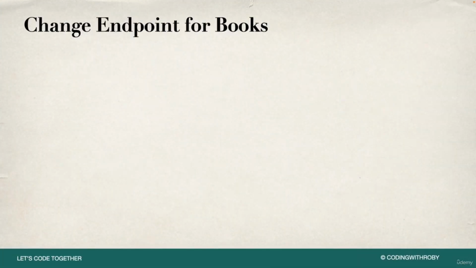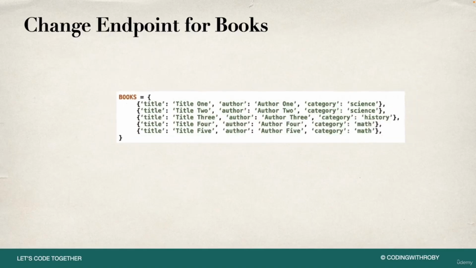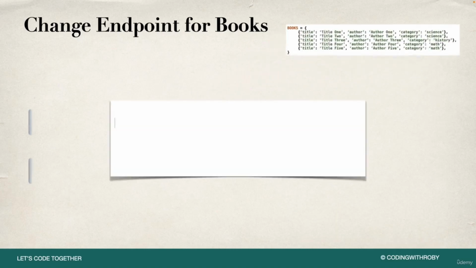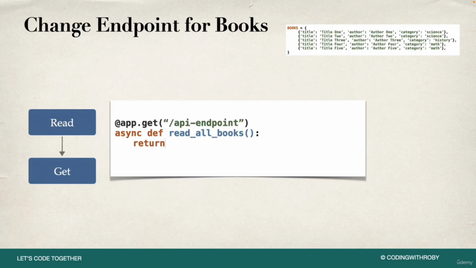Now remember, we're going to have this books object, which is going to have 5 different books with title 1 through title 5, authors author 1 through author 5, and categories with a couple different categories involved. So we're going to have our application of app.get API-endpoint, but now we're going to change the response from message of hello Eric to return books.